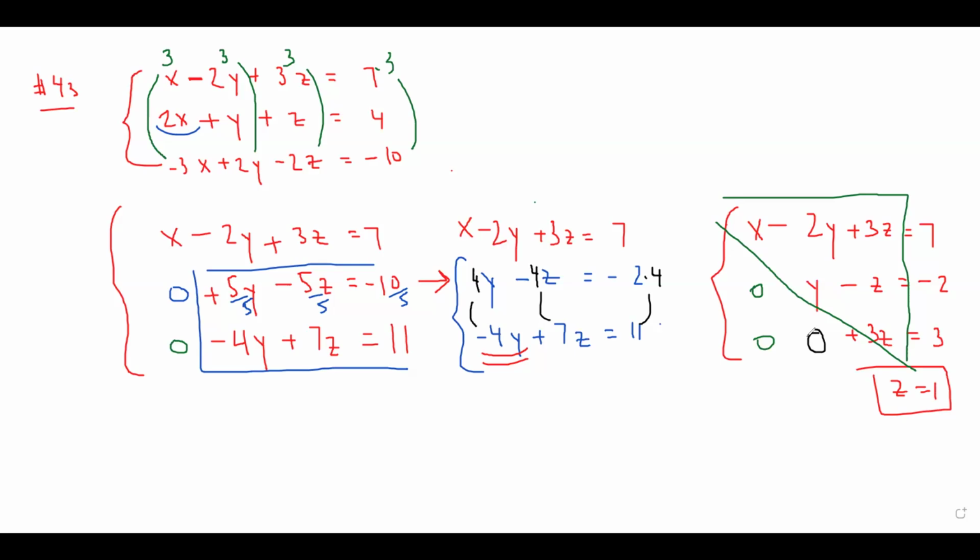That's what called triangulized, produced like triangles, triangle structure. And now we go from the bottom, we get the z. Now we go up to the next equation, to equation number 2, which is y minus z is negative 2. And now I plug in for z whatever we just produced, and we produce number 1. Okay.